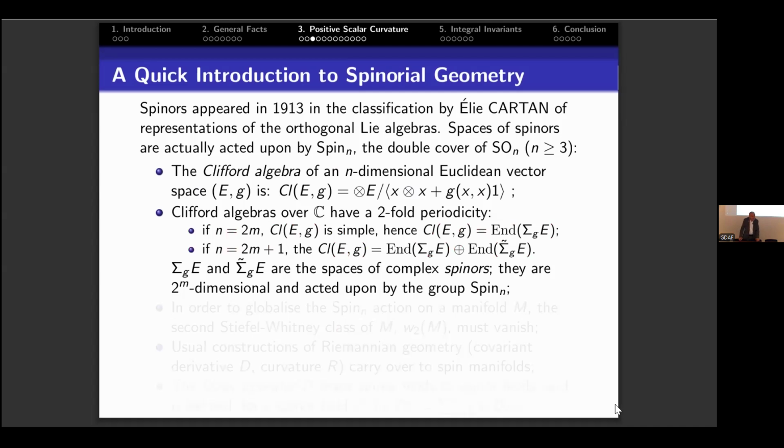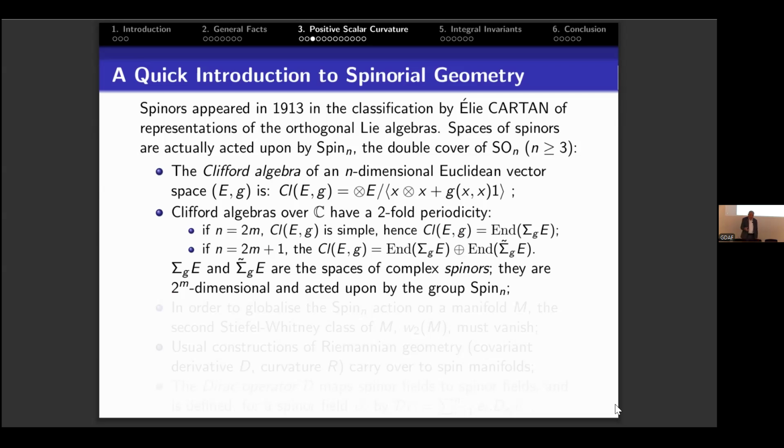So these spaces, sigma E and sigma twiddle E, are the spaces of complex spinors. And their dimension is very easy to see. I told you the Clifford algebra has dimension 2 to the 2m. So in the case n equals 2m, for the endomorphism algebra to be of dimension 2 to the 2m, the vector space must be of dimension 2 to the m.